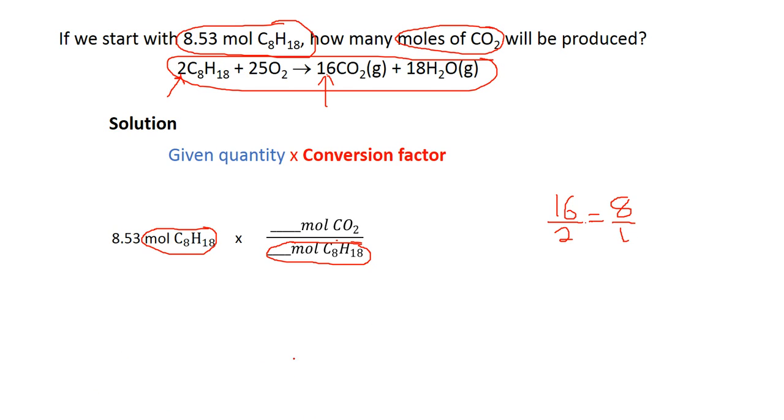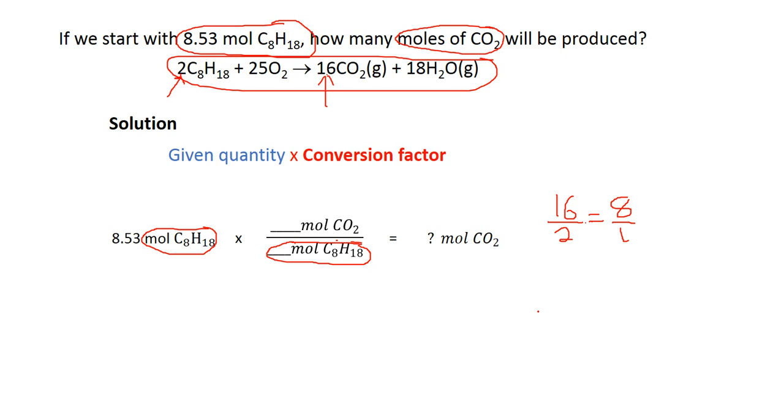So what it means is that here we are going to put 1 mole of octane, while here we put 8 moles of carbon dioxide. That is going to give us the moles of carbon dioxide we are looking for.